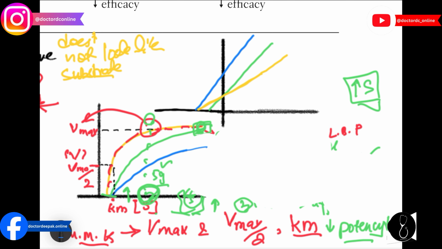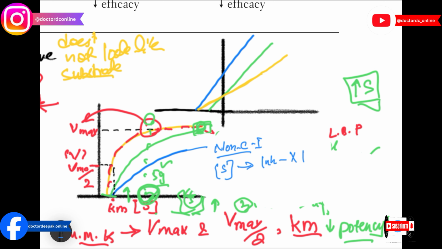For non-competitive inhibitors, there's no effect on the affinity of the enzyme, because you already know that in non-competitive inhibition, increasing the substrate will not knock out the inhibitor.